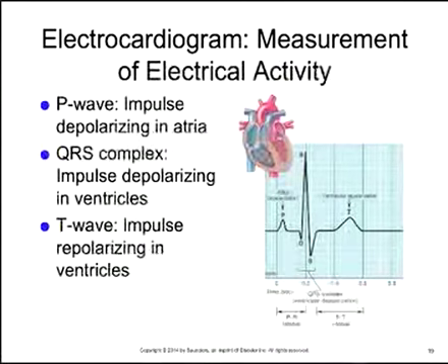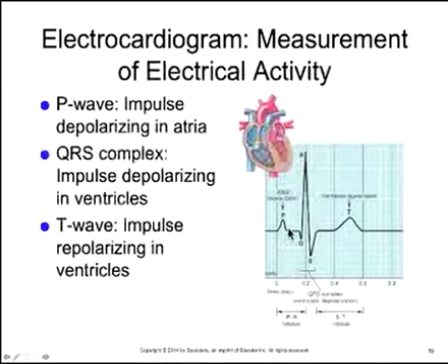The idea is that these electrodes can read 3 things about the electrical signal that goes through the heart. They can read the electrical signal's direction, they can read its magnitude, and they can read its speed.